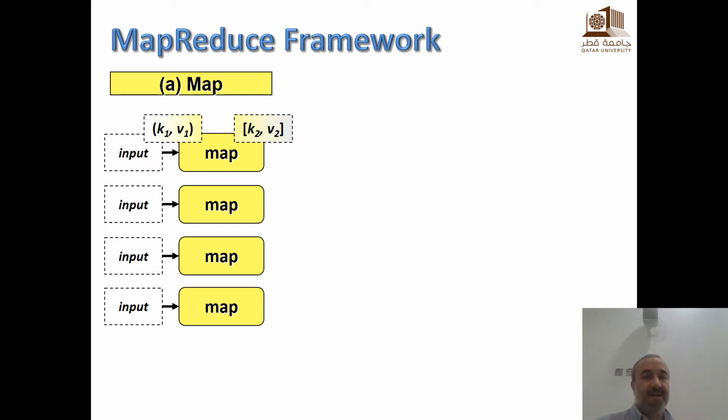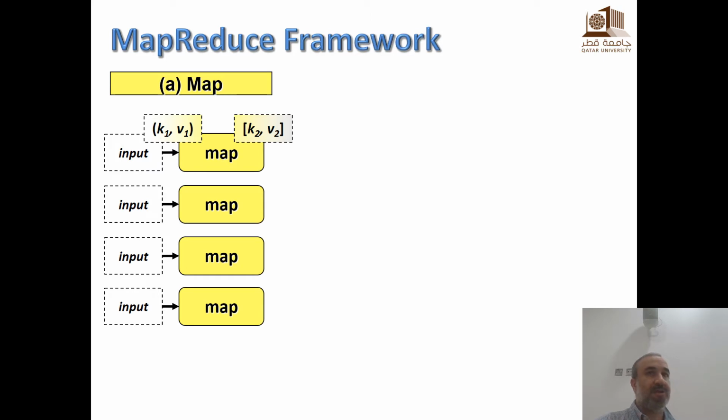In the map phase, the map function will be called for every record on all the machines that are assigned for that job. Theoretically, every record is completely independent in terms of processing from the other records. We'll relax this a bit later, okay, but you can think of it that way so far, that every record is completely independently processed from the others, which means we can run theoretically the map function on all the records in parallel.